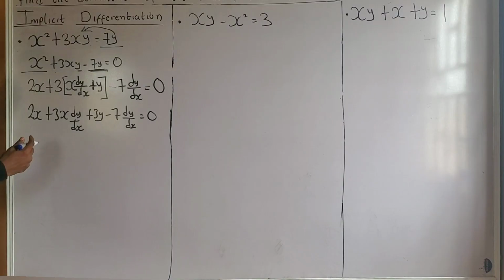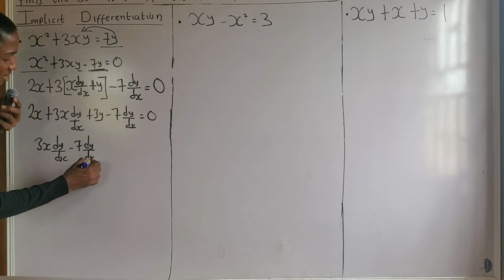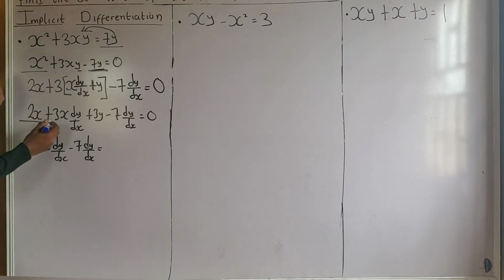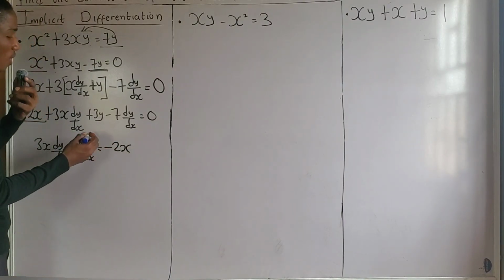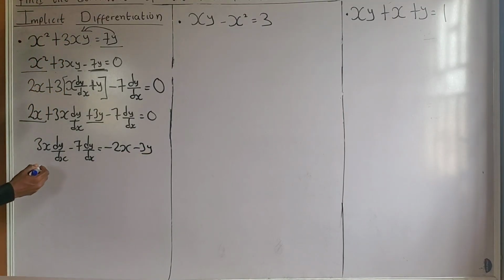The next step is that you have to separate the terms that are attached to dy/dx. That is, I'm going to have 3x dy/dx minus 7 dy/dx equals, now, this will be negative 2x, while this will be what? Negative 3y. Okay? Now, factorize dy/dx.